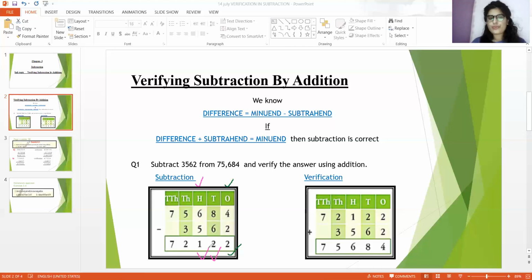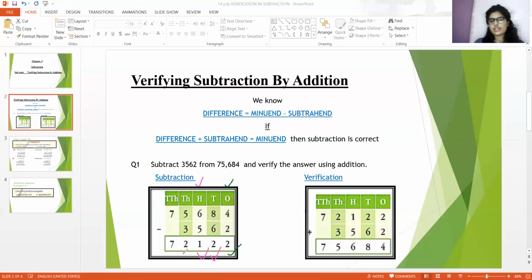Now we go for the thousands place. In the first number I have 5 and in the second number I have 3. Take away 3 from 5, again 2.